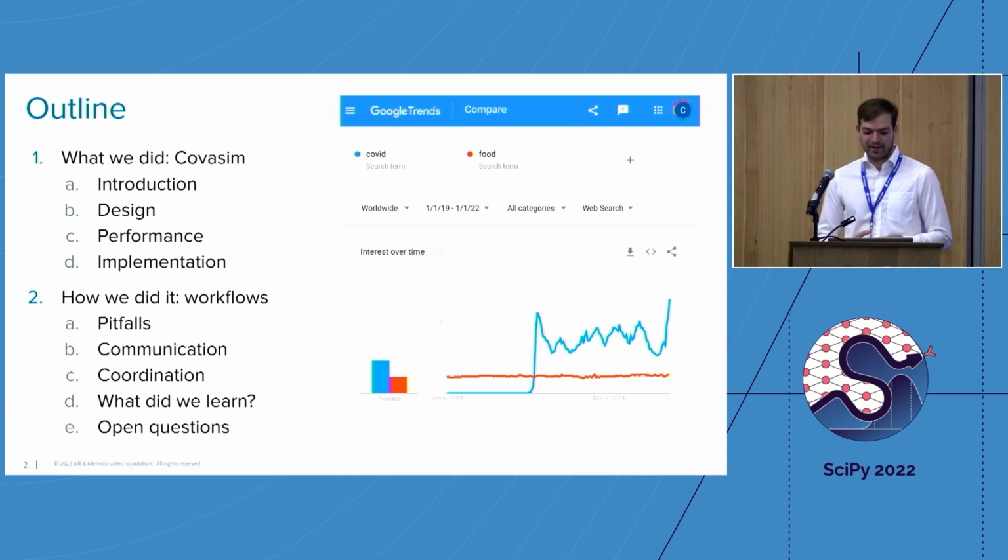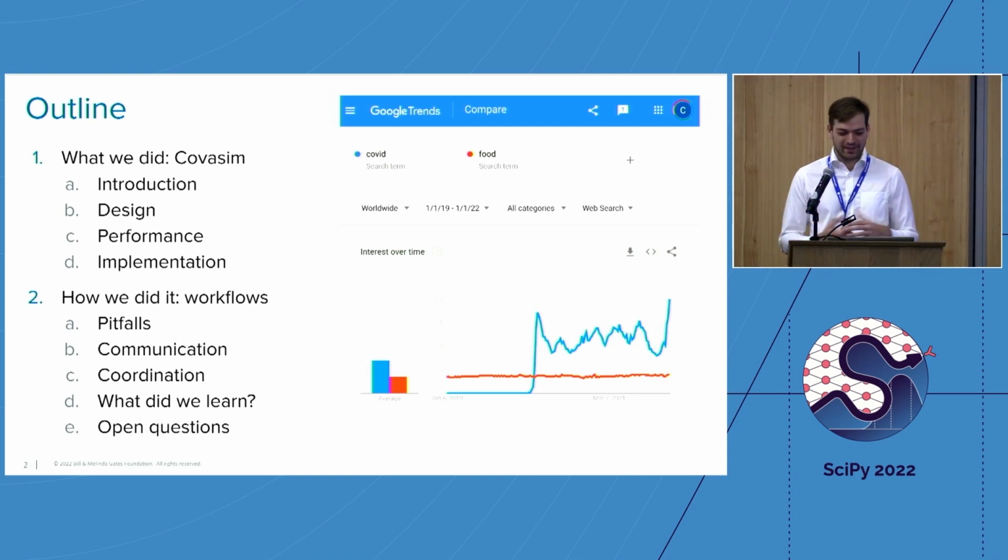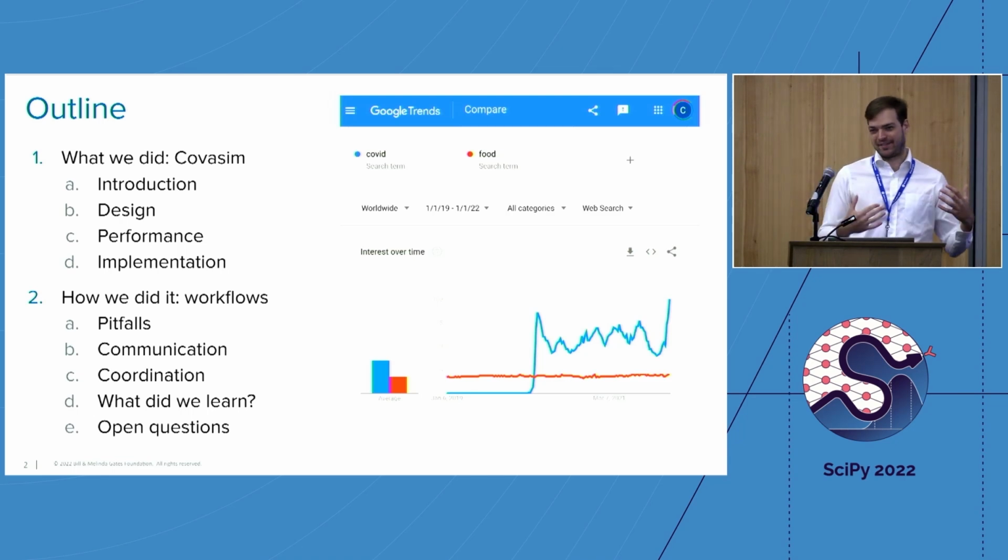Okay, so I'll talk a bit about what Covasim is, how it's designed, the performance, and probably of most interest to you, the implementation. And also talk a bit about some of the more meta stuff, not just the Python aspects, but how we manage the team and some of the pitfalls that we had.